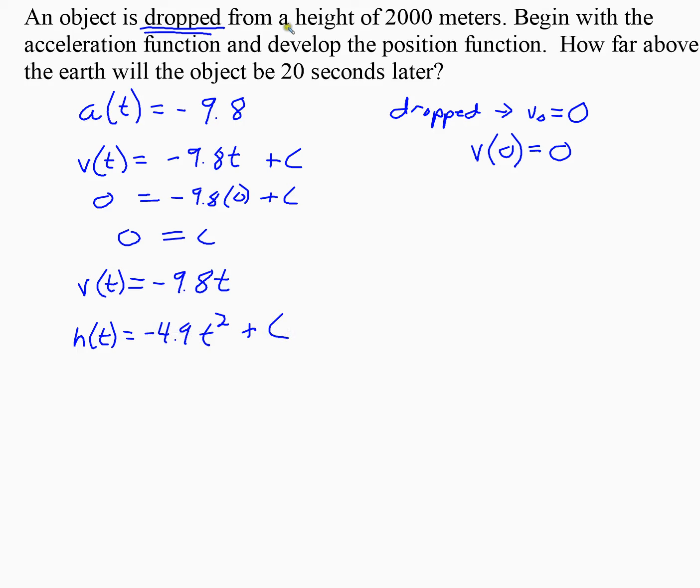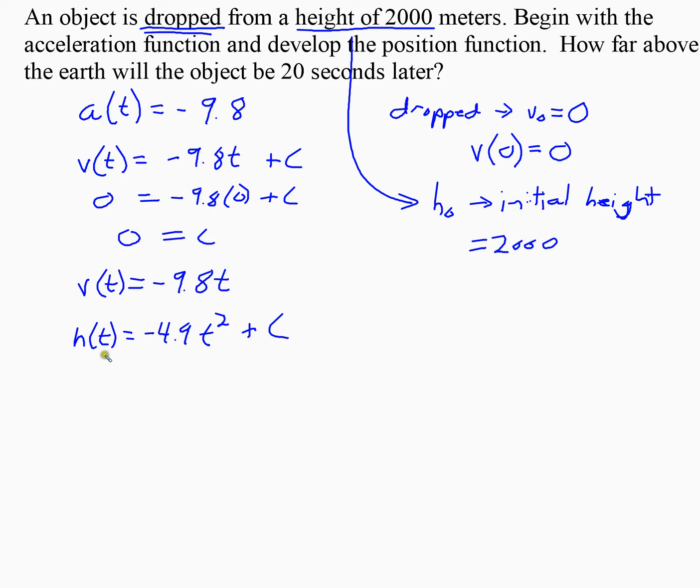It's dropped from a height of 2,000 meters. That is our h sub 0, our initial height. And so that tells us that when the time is 0, the height is 2,000.